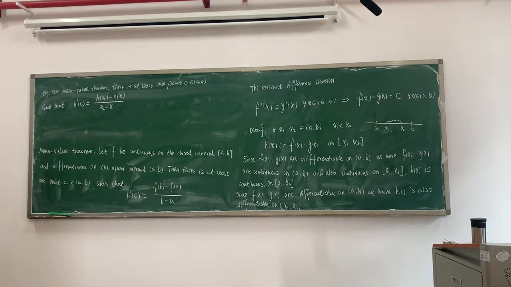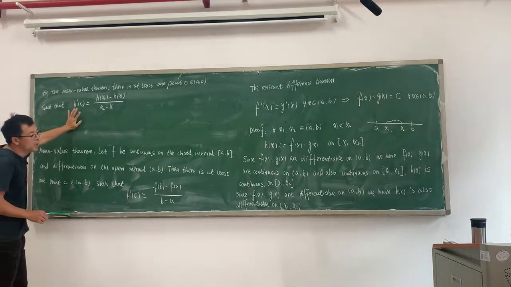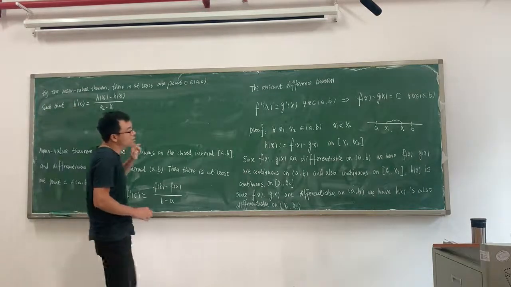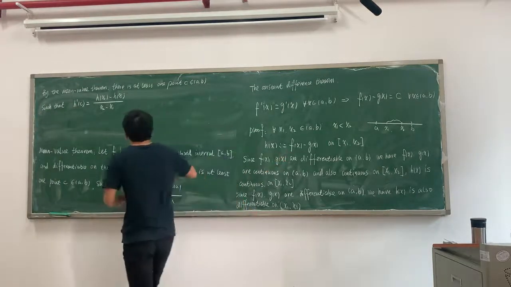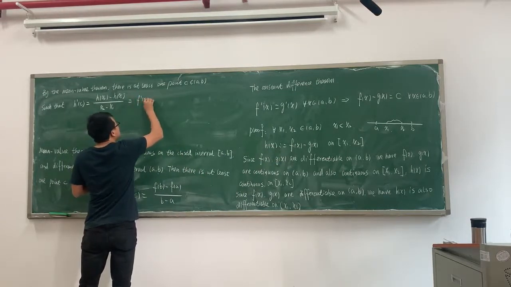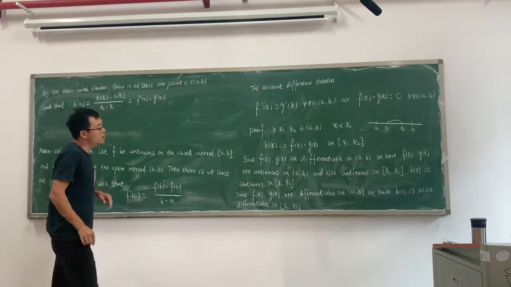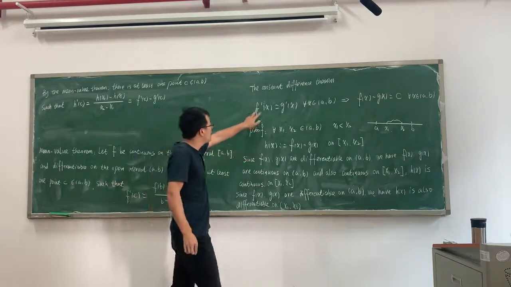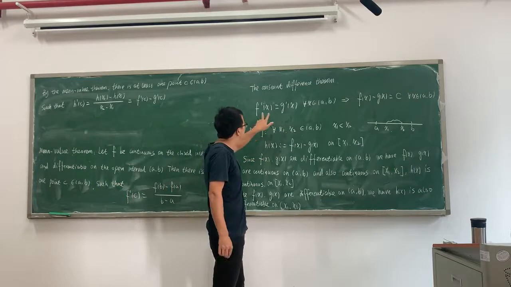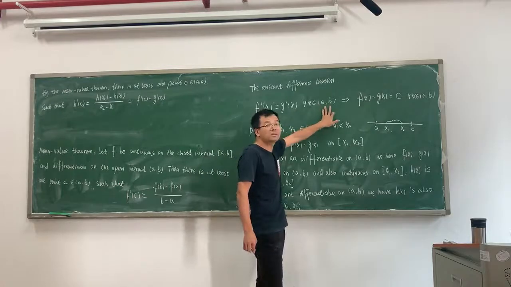So here now we can see h prime(c) actually equal to f prime(c) minus g prime(c), yeah? So here now we can see f prime(c) equal to g prime(c), for any x belongs to (a, b).